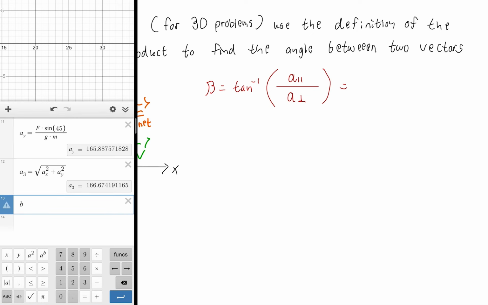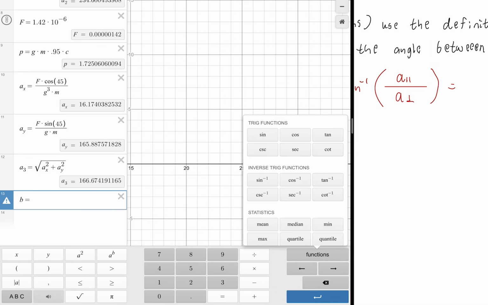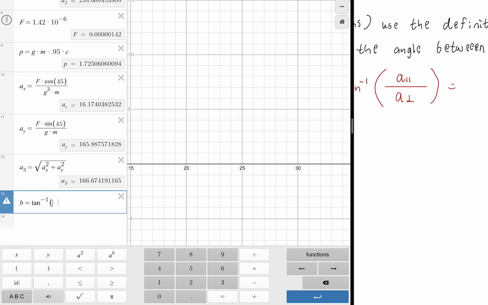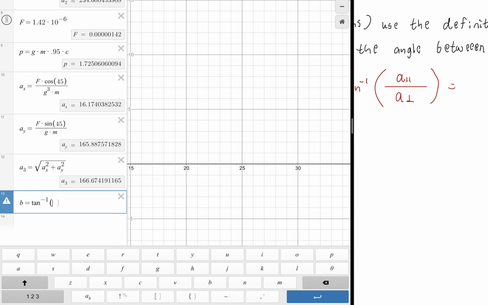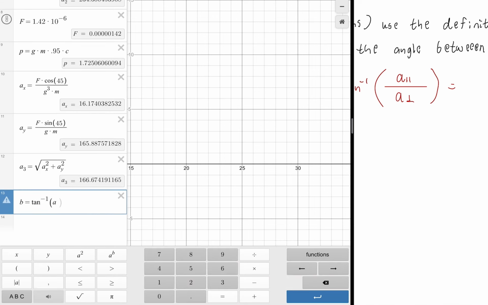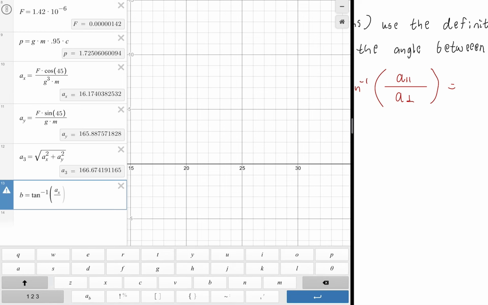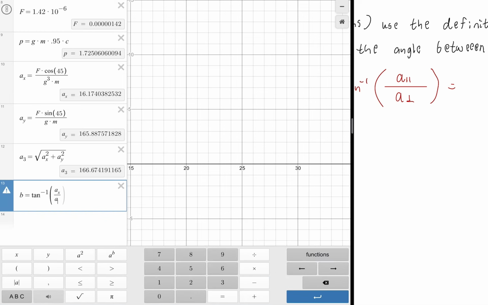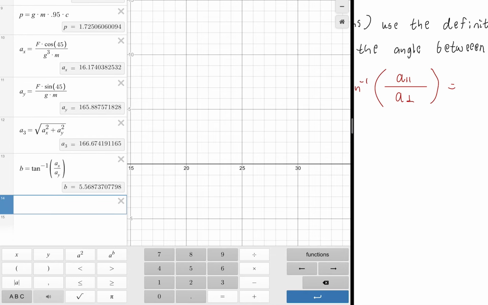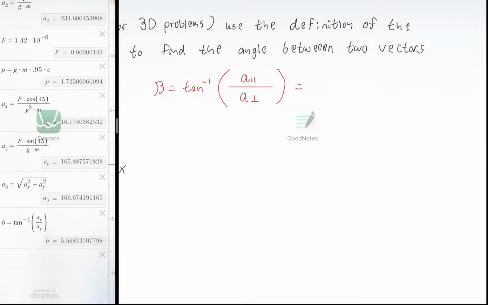We'll call it B, and we'll do our inverse tangent, still in degrees. It's just going to be A_x over A_y, because remember, x is the parallel one. So A sub x divided by A sub y. Looks good. That's 5.57 degrees, a small angle like we'd expect.